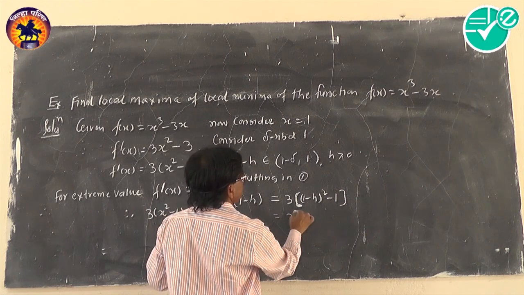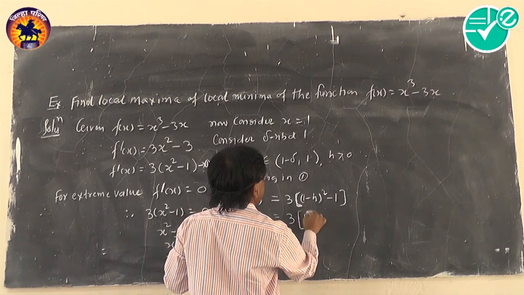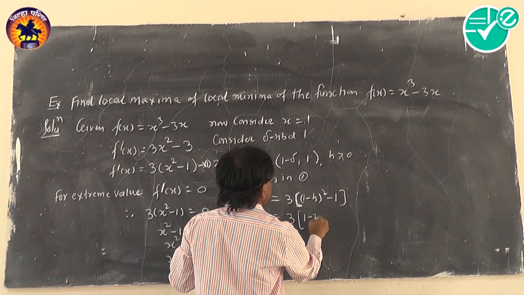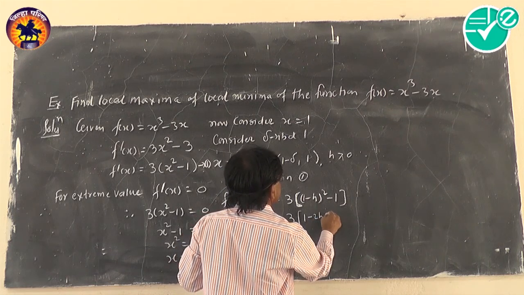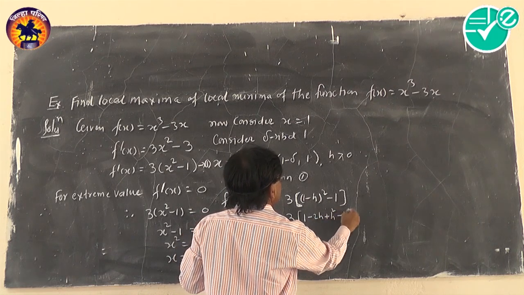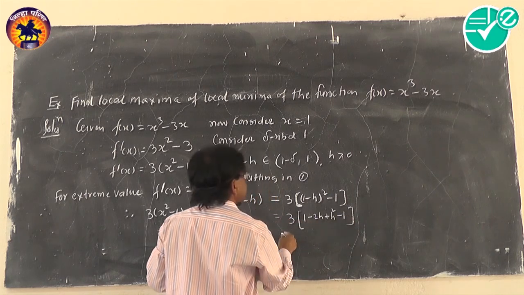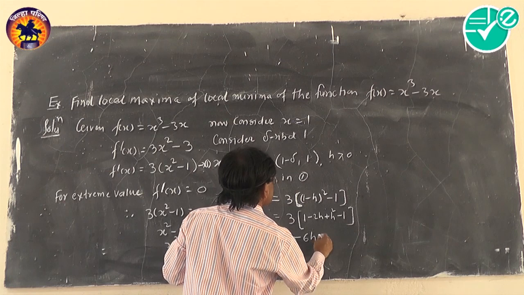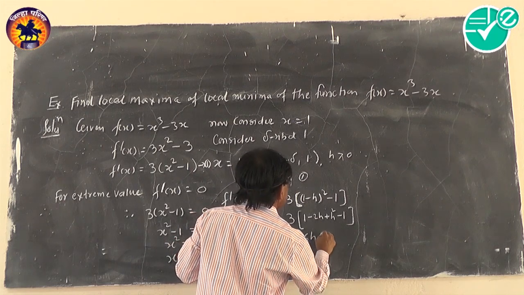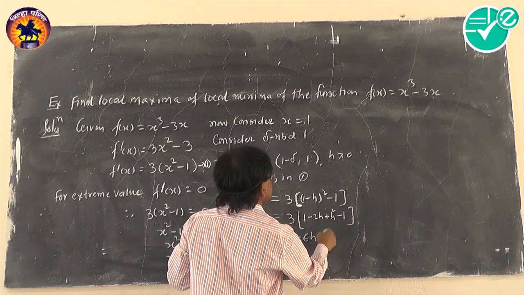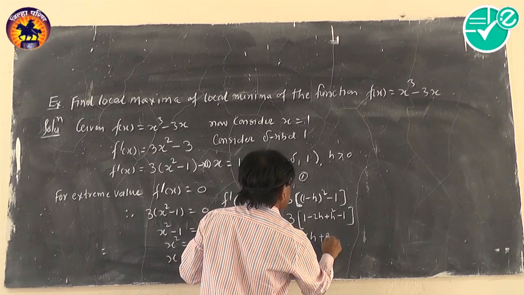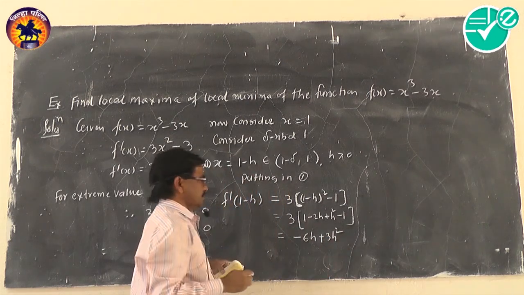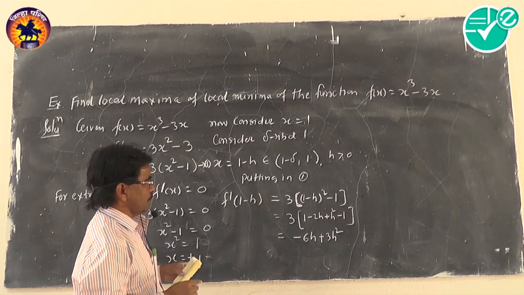Simplifying this, we get 3 into 1 minus 2h plus h square minus 1. The minus 1 plus 1 cancel. We get 3 into minus 2h plus h square, that is minus 6h plus 3h square.